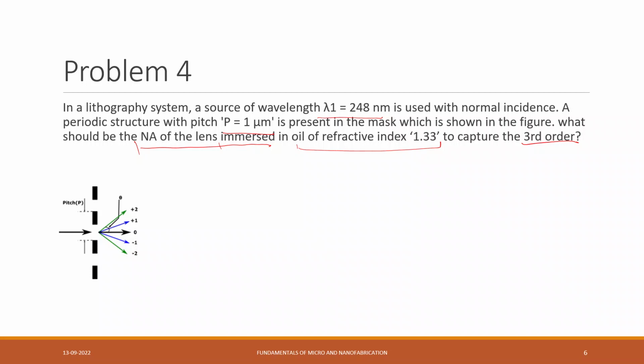So we know that sine theta equals n into lambda by p. Here we have to capture the third order, so 3 into 248 over 1000.